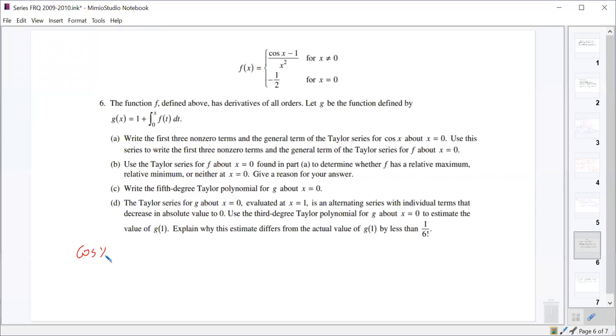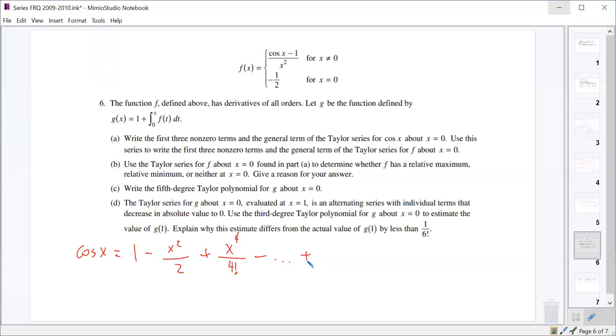Cosine x should be 1 minus x squared over 2 plus x to the fourth over 24, or over 4 factorial.